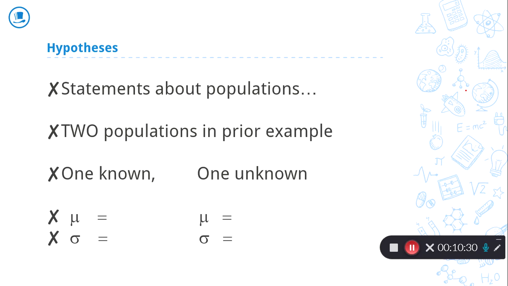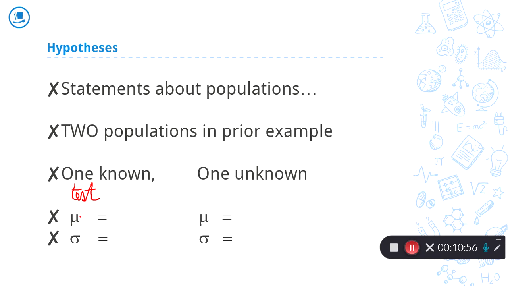So, what were the two populations? Well, in that first problem, I've got it written down in tiny letters here in front of me. There was one population, the one we know about, which is the population of individuals that have taken the memory test. That memory test had a population mean and a population sigma.